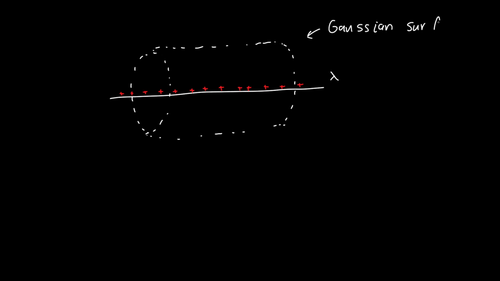But how long should the Gaussian surface be? What should this length L be? Well, it's not really obvious to me, because this is an infinite line charge. It stretches to infinity and back. So I hope that it doesn't matter what length this Gaussian surface is. I'm just going to leave it as L. And similarly, what do we want the radius of this cylinder to be?